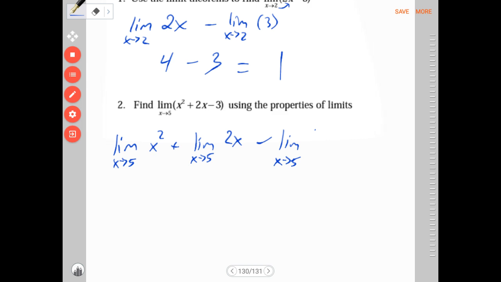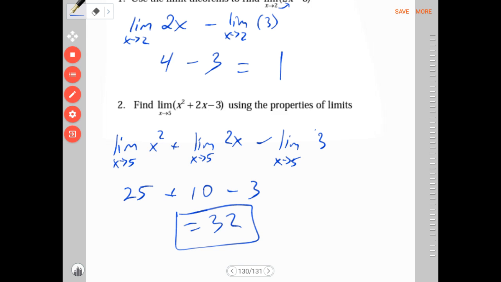We're subtracting the limit of 3. So this one here is 25 plus 10, and then the limit as x approaches 5 of 3 is just 3. So that's 35 minus 3, which equals 32.